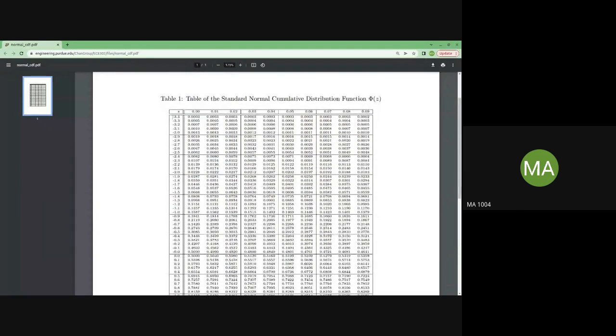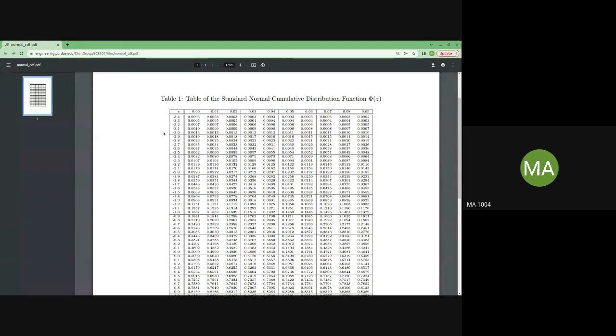Okay. So this is minus 3.4 plus 0.01. So these are positive values and these are negative values. So this particular 0.0003 represents the value of FZ of minus 3.4 plus 0.01. Something like this you can see. If I want to compute FZ of minus 2.95, you have to come to the minus 3.0 row. So FZ of minus 2.95, you can write it as minus 3 plus 0.05.